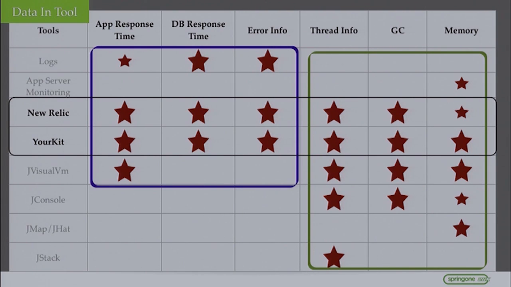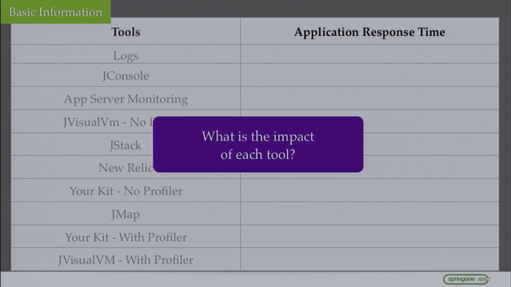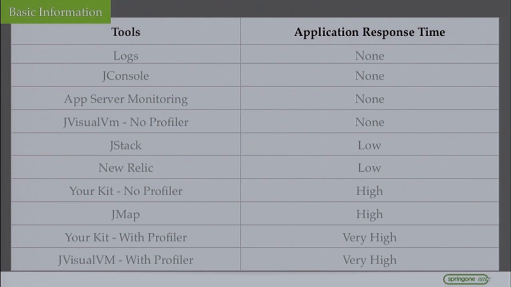One of the next questions to ask is what impact these tools are having on your application. Do they all slow down your application the same amount, or does it vary? The answer is that it does vary. Here you can see the application response time.